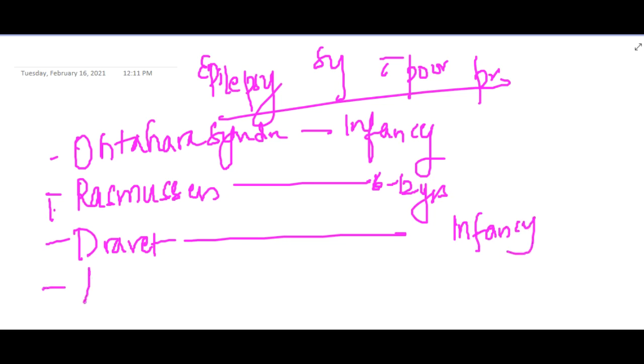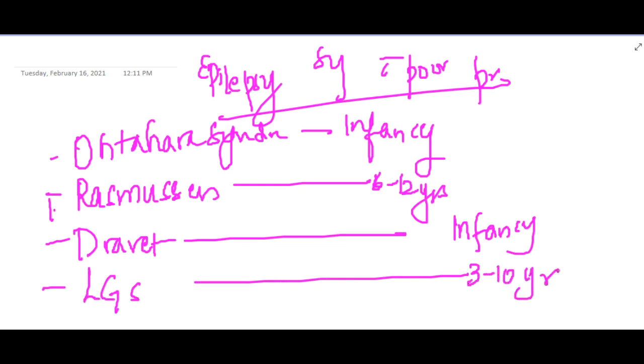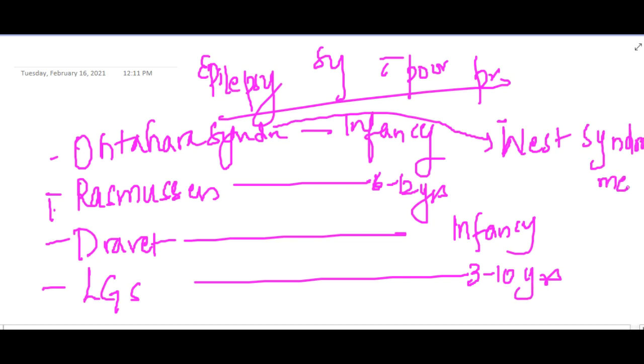Then Lennox-Gastaut syndrome, which is seen in 3 to 10 years of age. And Ohtahara syndrome can lead to one more disease, which is West syndrome. So these are the epilepsies with poor prognosis, that is, most of the named epilepsies like Ohtahara syndrome, Rasmussen syndrome, Dravet syndrome, Lennox-Gastaut syndrome and West syndrome.